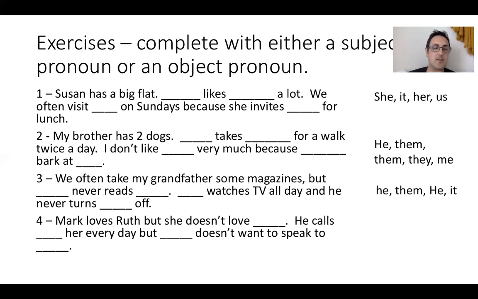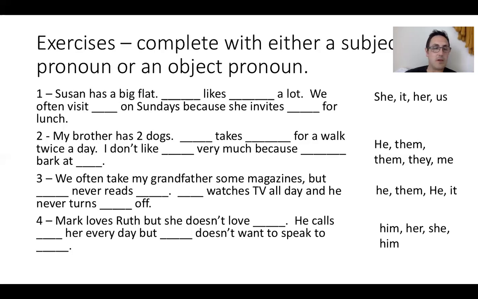And the last one is Mark loves Ruth, but she doesn't love Mark, him. Okay, ouch, poor Mark. I feel your pain, man. He calls, actually, this is wrong. It's going to be, he calls her every day, but she doesn't want to speak to, preposition, it's going to be him.